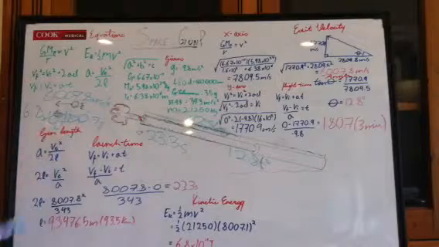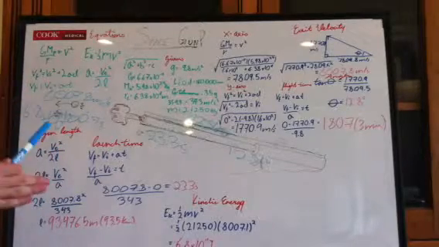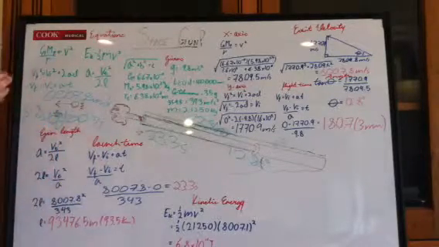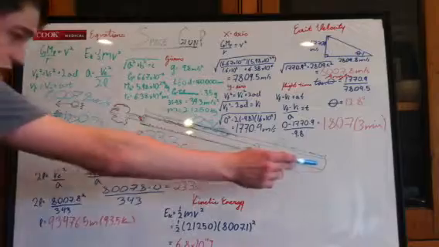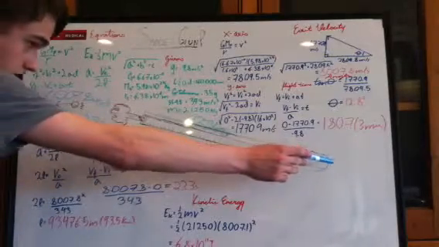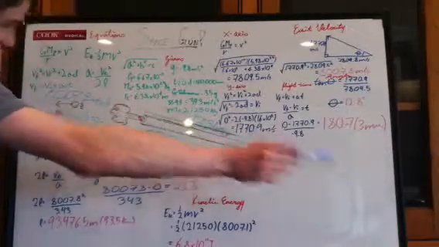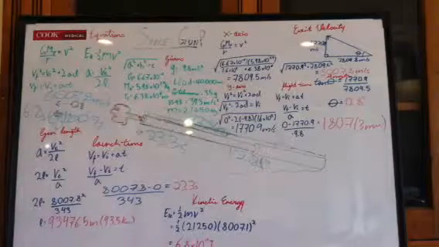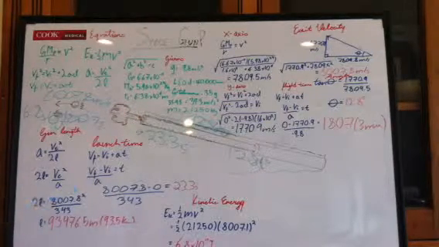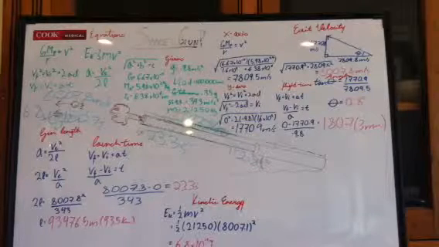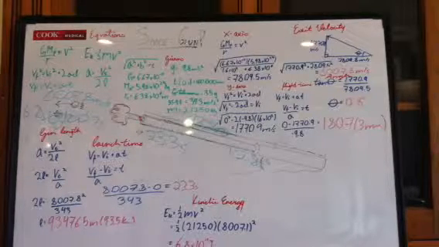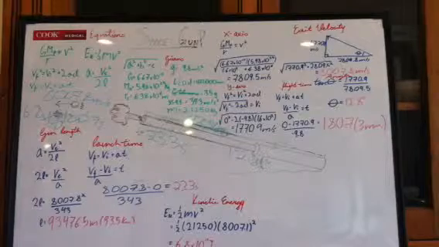The time from the moment the projectile leaves the barrel of the gun to low Earth orbit is going to be 180.7 seconds. The time that it takes a projectile from starting at rest at the bottom of the gun to leave is 23.3 seconds. Our gun will be tilted at 12.8 degrees, and the kinetic energy of our projectile when it leaves the gun is going to be 6.8 times 10 to the power of 11 joules.